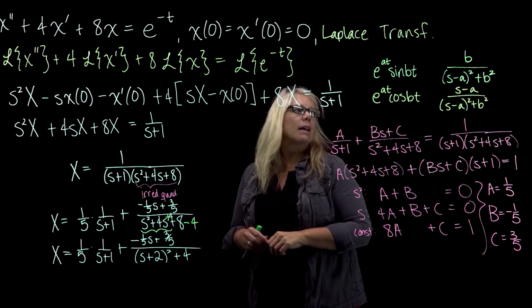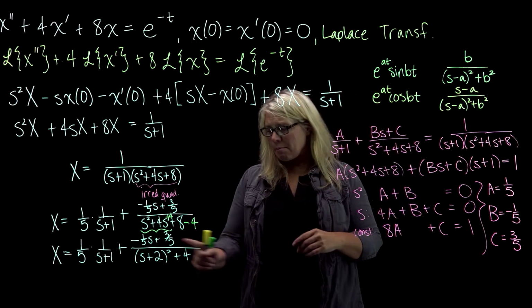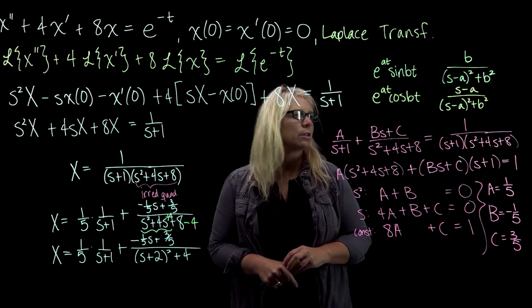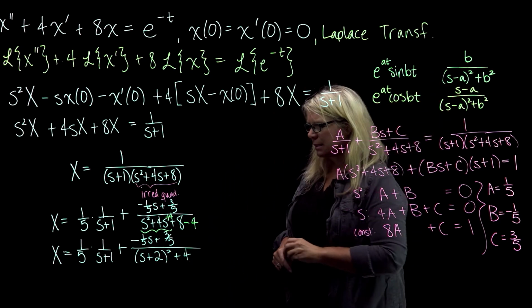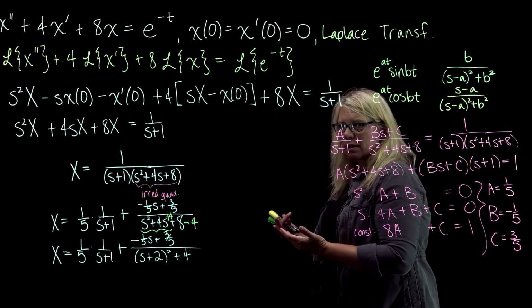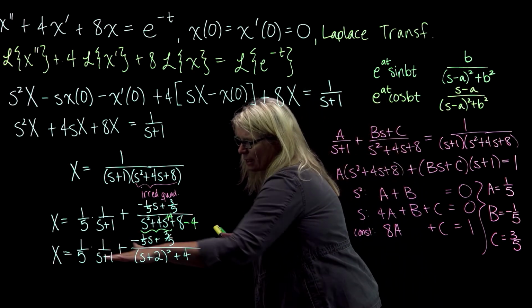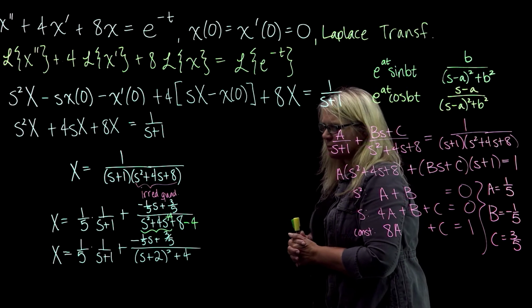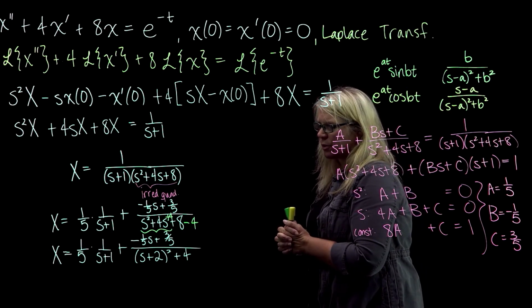All right, so essentially I'm probably going to deal with the s first here and then deal with the constant. I'm going to do a little scratch work over here with just the numerator, so that we can save some space and write down what we get when we clean that up and then do the inverse Laplace transform.